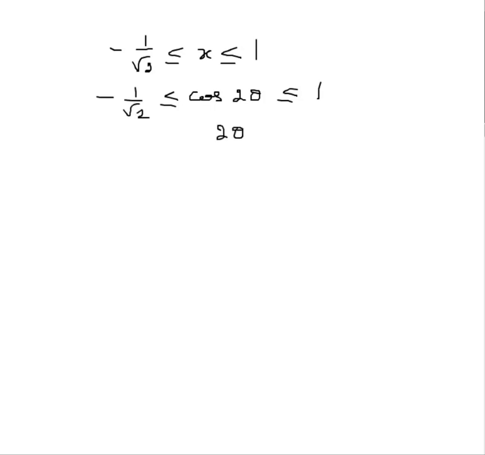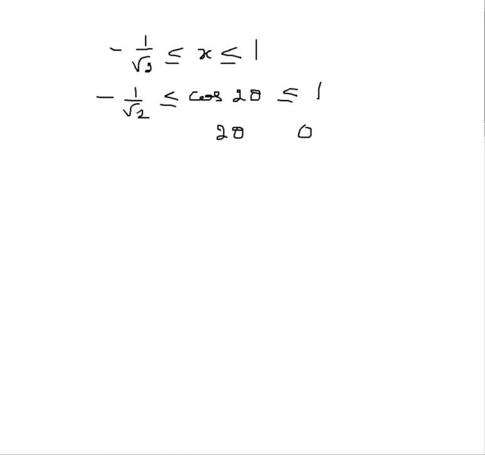In this question, the condition given is minus 1 by root 2 less than or equal to x less than or equal to 1. And x is cos 2 theta. We used this substitution. Take cos inverse throughout. So 2 theta, and here cos inverse of 1 is 0, and cos inverse of a minus value is a second quadrant angle.